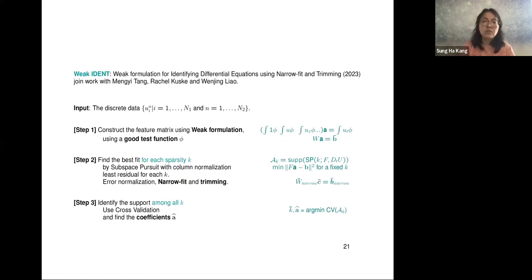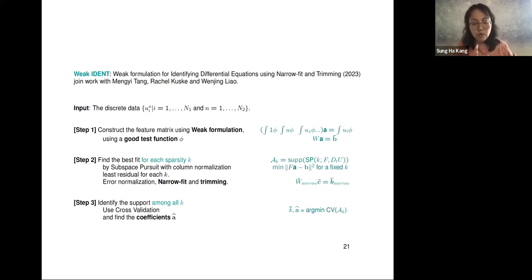We again use subspace pursuit, but in this case, we do more than that. Fundamentally, what we're looking for is the underlying PDE, the differential equation, and we assume the data itself has noise. So you have noise in u, ux, uxx, all of these things, and the effect of noise might be different.